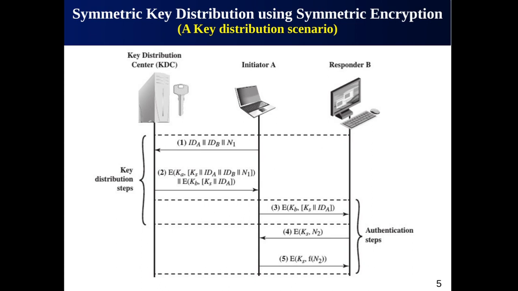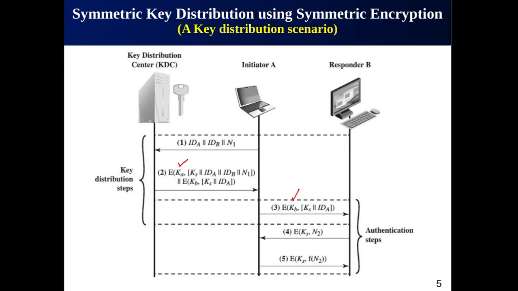Now A has a master key, and that key is represented by capital K and A. This KA actually means the key of A, the master key of A. Similarly, the master key of B is represented by KB.